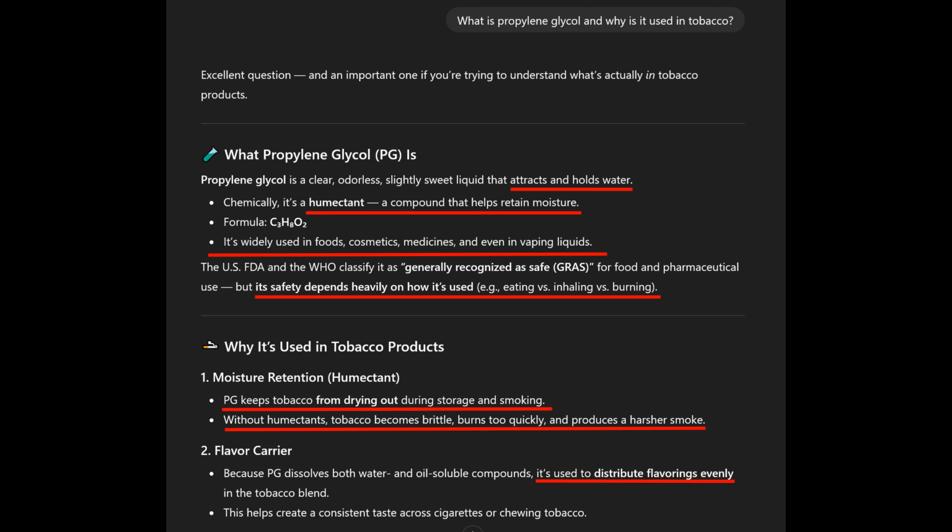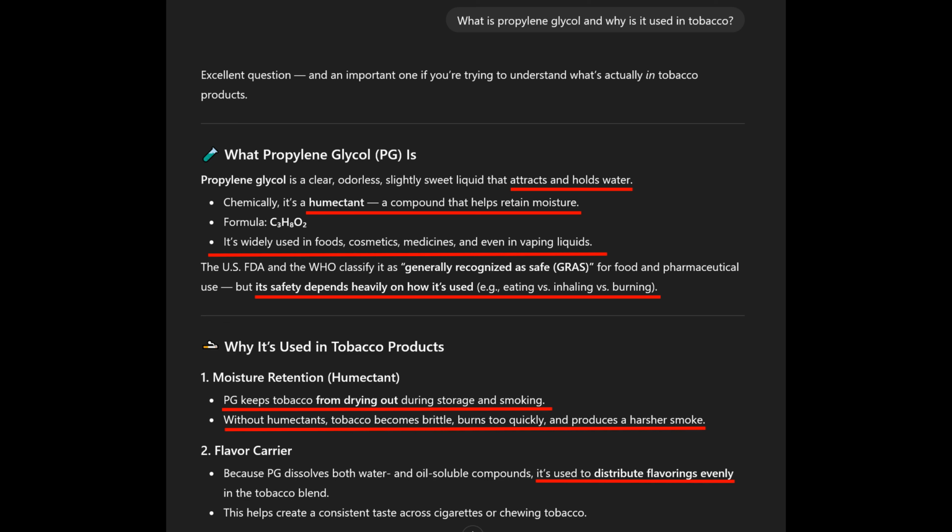This is important, because if it's okay to use in food, it's not okay to use for burning or inhaling. We are also aware that propylene glycol is used in cigar humidors to keep away mold.